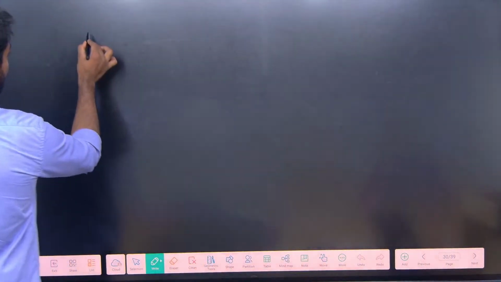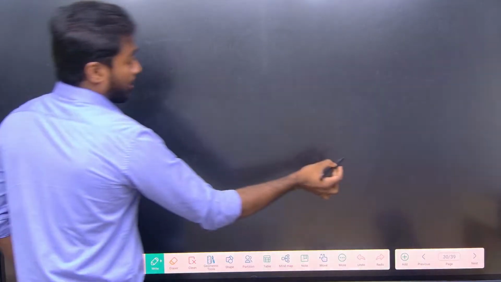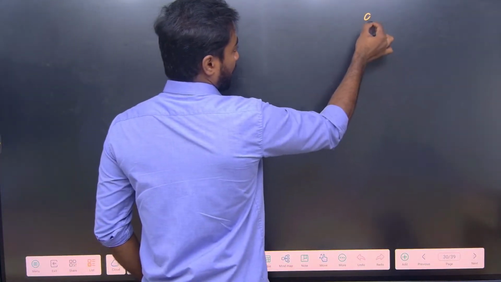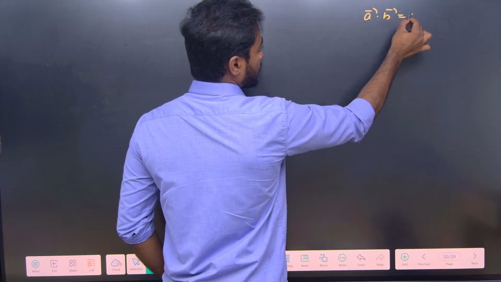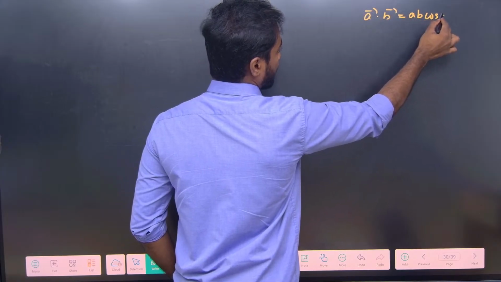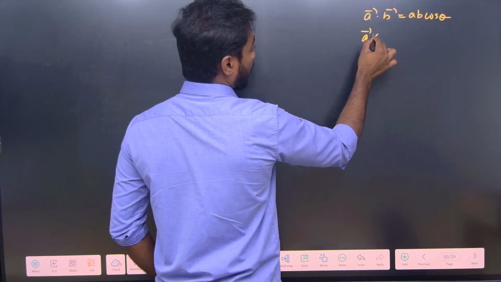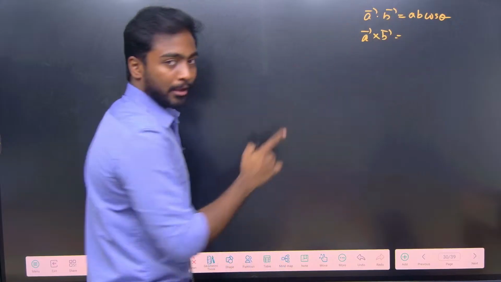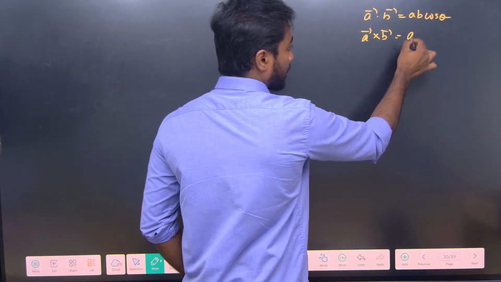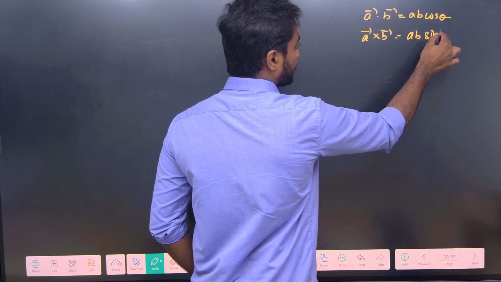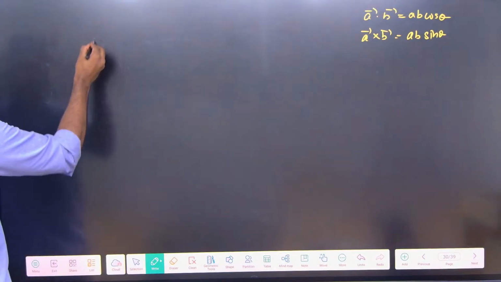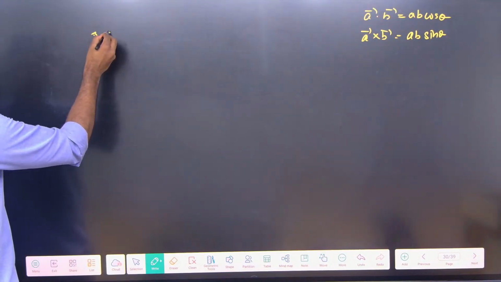For a dot product, A dot B is equal to AB cos theta, as we said, and A cross B is nothing but AB sin theta. If the angle between them is zero, what is I dot I?